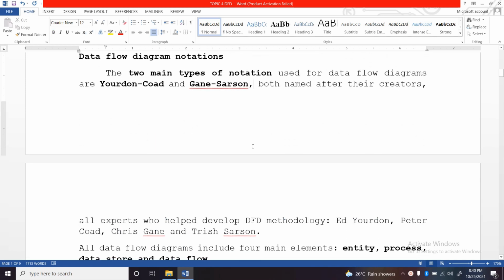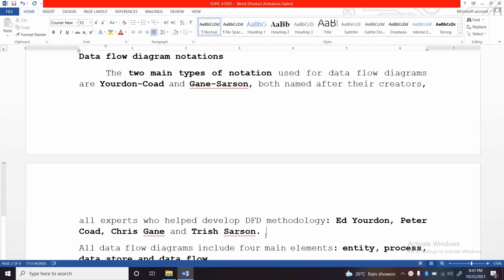So who are the people under these two main types of notations? Under Jordan and Coad, of course, we have Ed Jordan and Peter Coad. And under the Gane and Sarson notation, we have Chris Gane and Trish Sarson. Those are the creators of the two main types of notations, Jordan and Coad and Gane and Sarson.